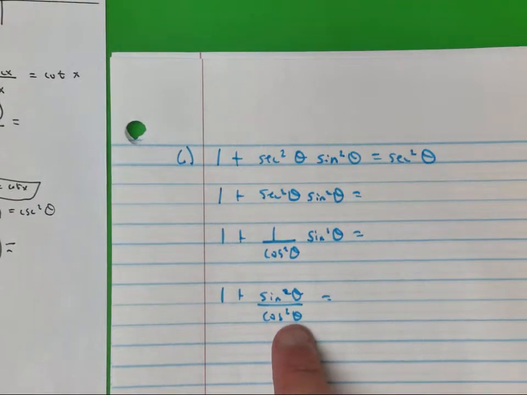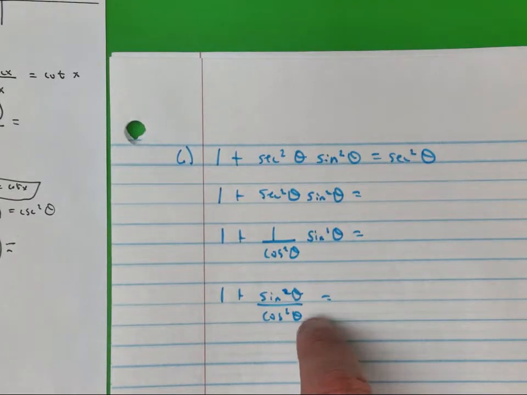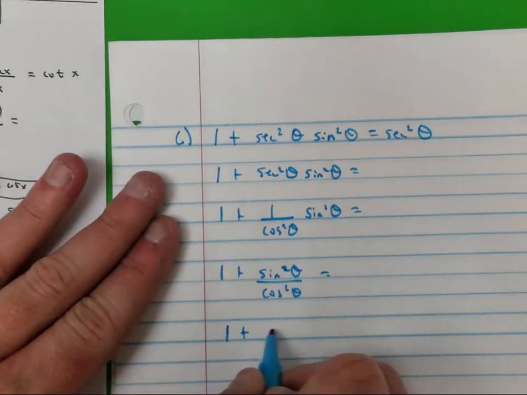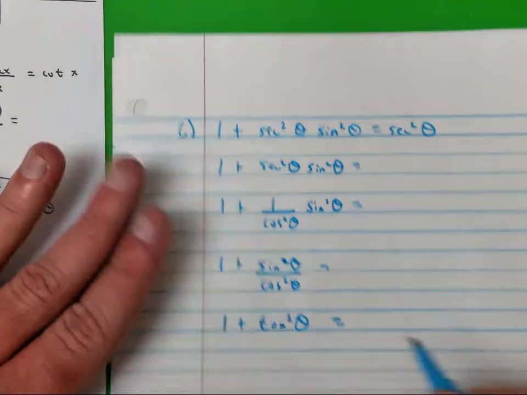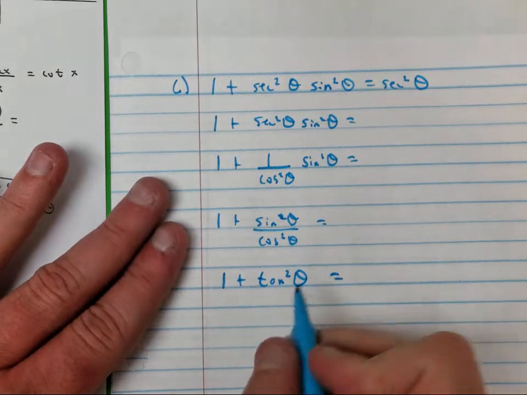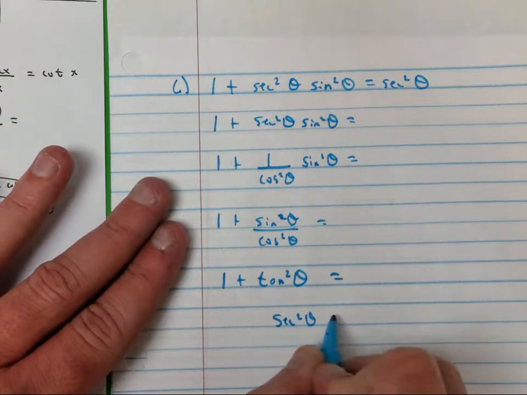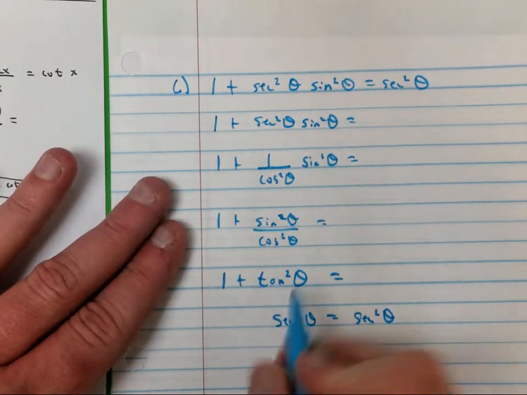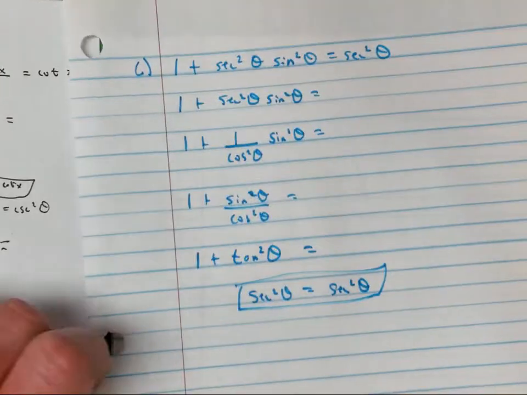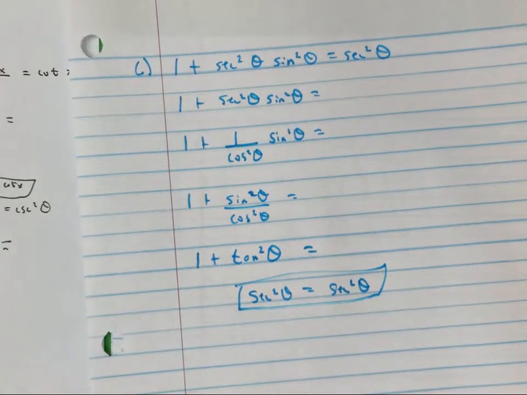Well, isn't that equal to tangent squared, sine divided by cosine? So I can rewrite that as 1 plus tangent squared. Well, guys, that's equal to secant squared. You just proved it. Bring it down to show that secant squared is equal to secant squared.